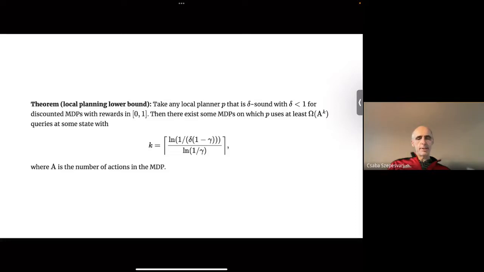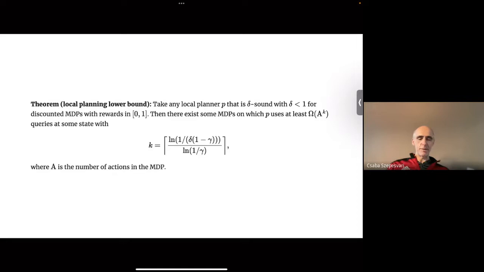So there is this theorem that says that for whatever local planner you use, if it's a good planner, then it's going to cost you a lot. It's going to cost you as much as this value iteration algorithm is going to cost you. So you can't do much better than this. Notice that this is possible because the number of states is unlimited. So this tree example is always a possible example.